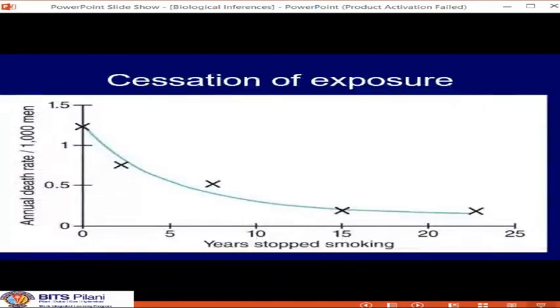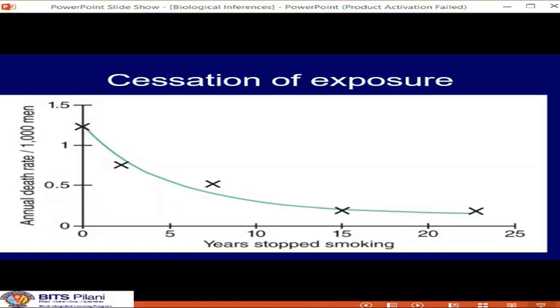The next important thing is called cessation of exposure. When you stop the exposure to somebody, does the disease go away or decrease? On the x-axis in this picture is the years since people stopped smoking, and on the y-axis is the annual death rate per 1,000 people.